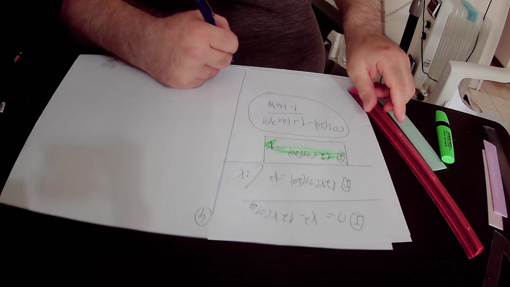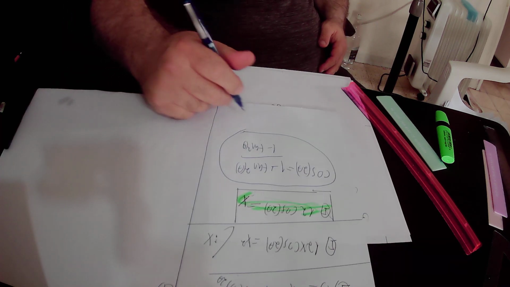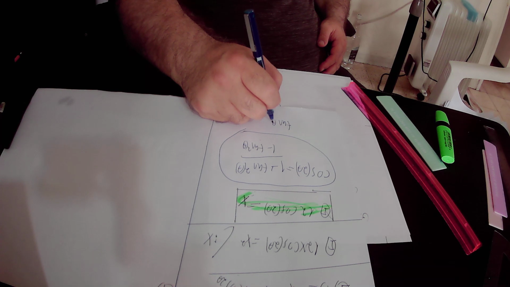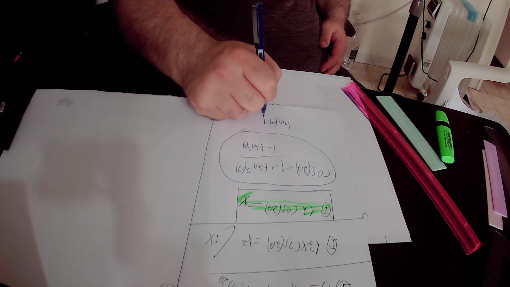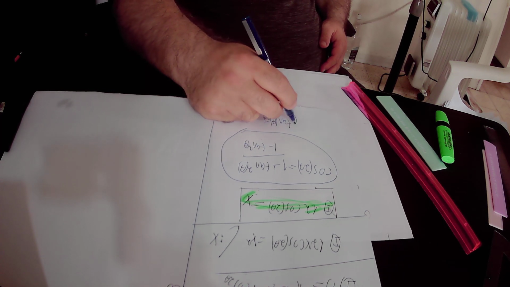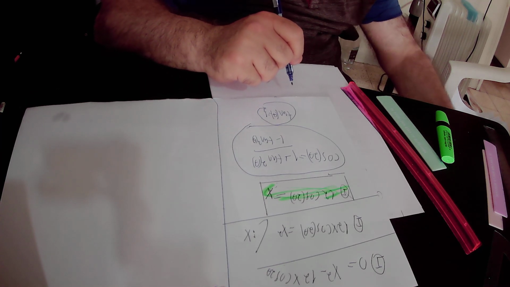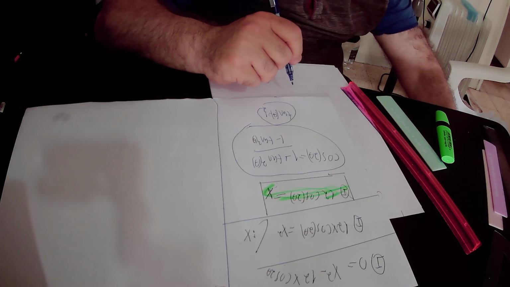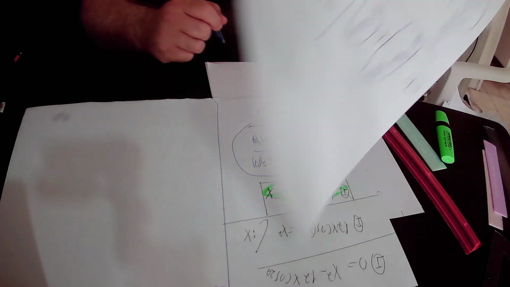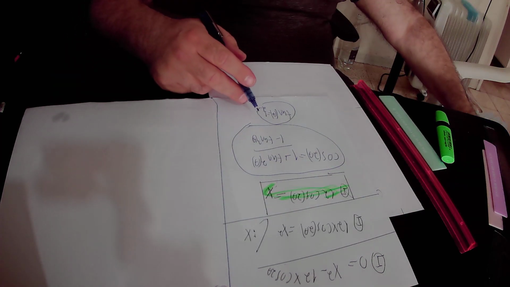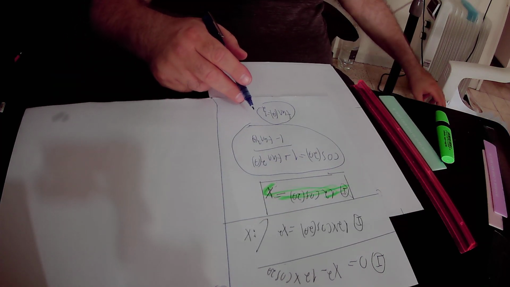And we have already found out that tangent theta equals 1/2, so we can substitute tangent theta in this trigonometric identity by 1/2.